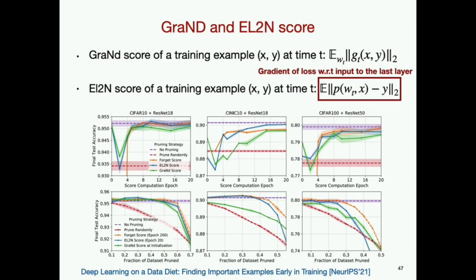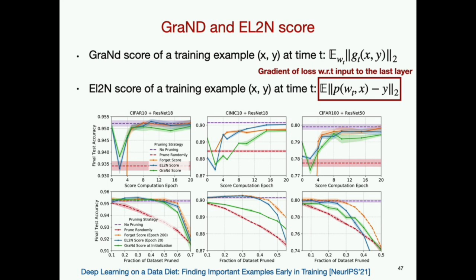Another metric is called GraNd. The way it works is that we train 10 models, the same models, from 10 different initializations. Each of them we train only for 20 epochs. I'm talking about training ResNet on CIFAR-10. Now, after 20 epochs, we have 10 models.